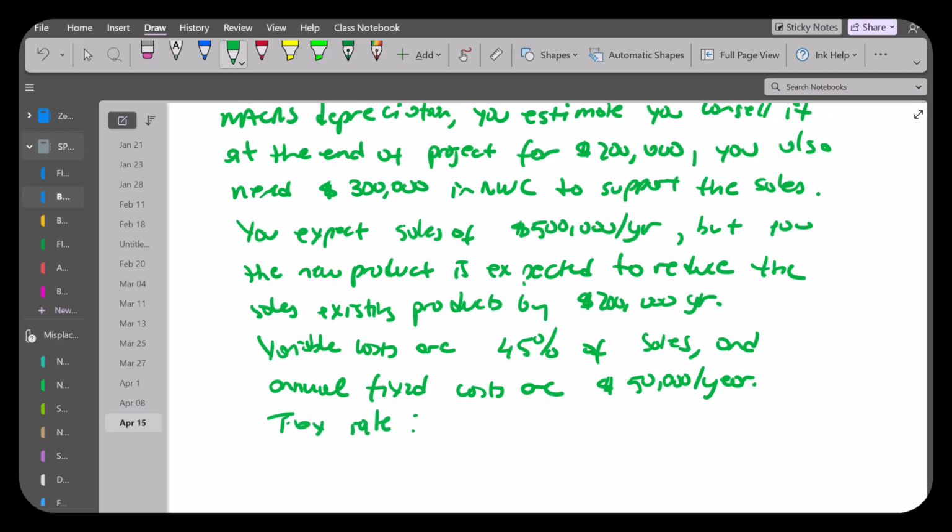Tax rate is 22%. Discount rate is 15%. Did I leave anything out? No, that's it.